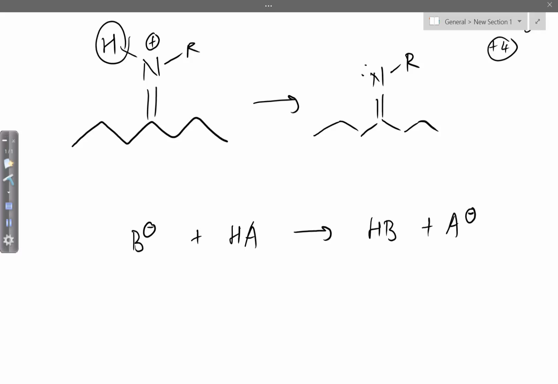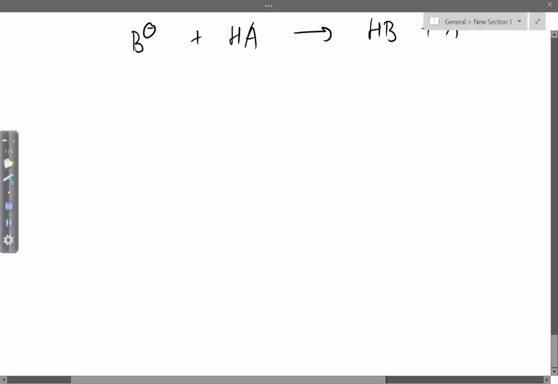So now, can you try this example next? This is actually a prelim question.